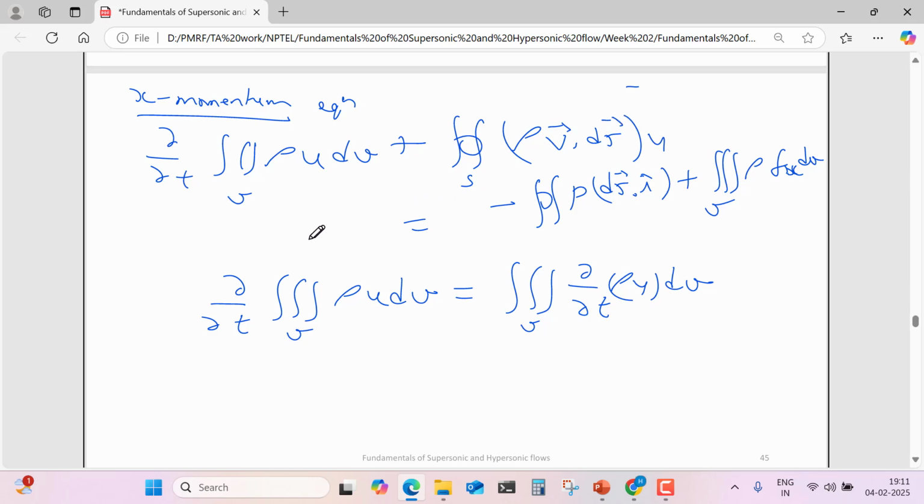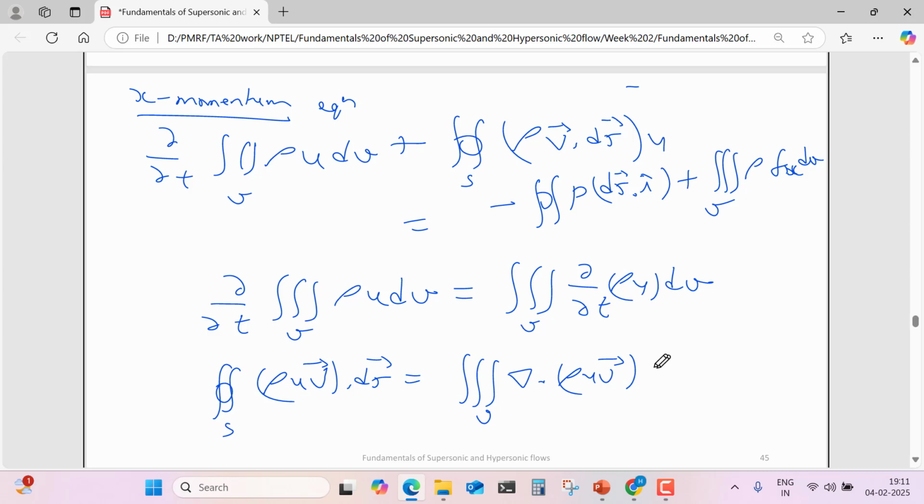We can write it in volume integral form using the divergence theorem. So it will become ρu V⃗·dS equal to triple integration del dot ρu V⃗ dV.